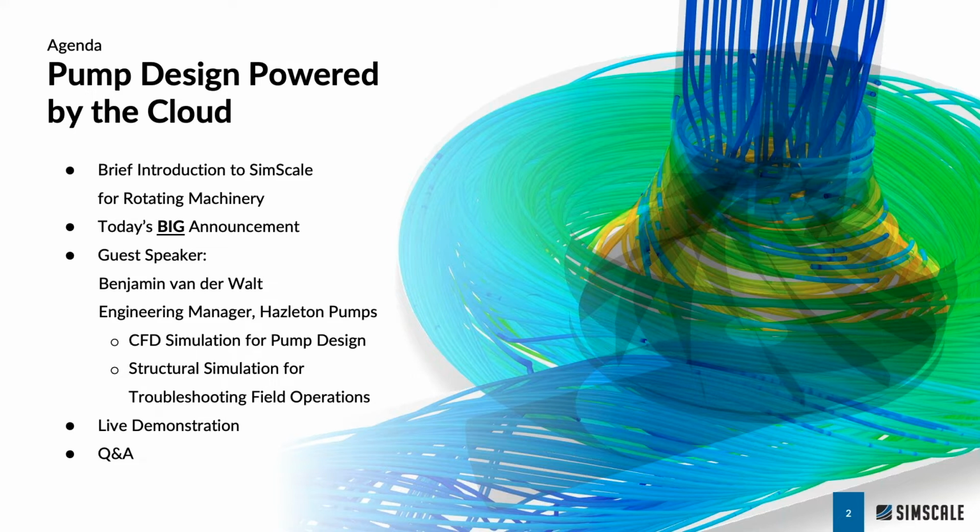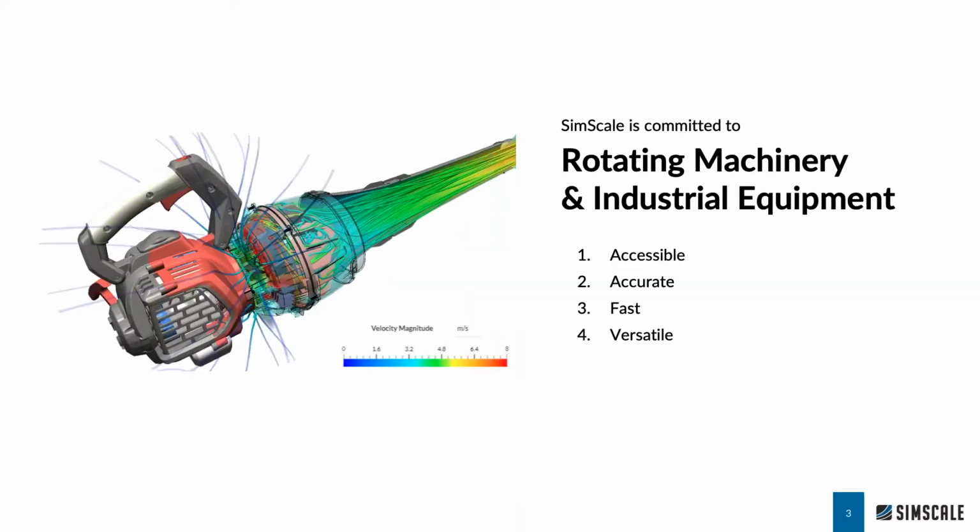Great, so I promise to be brief here, but I think it's important to set the stage and provide a foundation for the story that Ben is going to tell of Hazleton's journey using simulation in the cloud. Earlier this year, SimScale announced that we are investing in and are committed to bringing cloud-native engineering simulation to the rotating machinery and industrial equipment market.